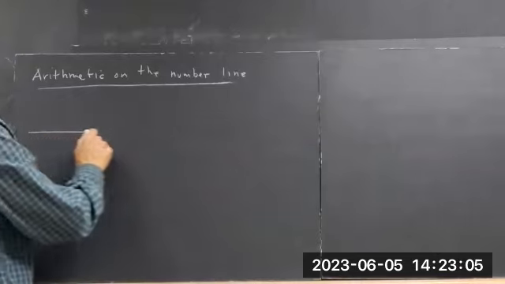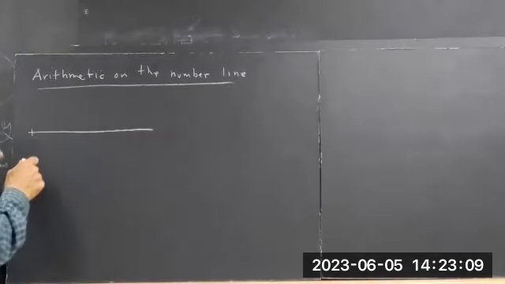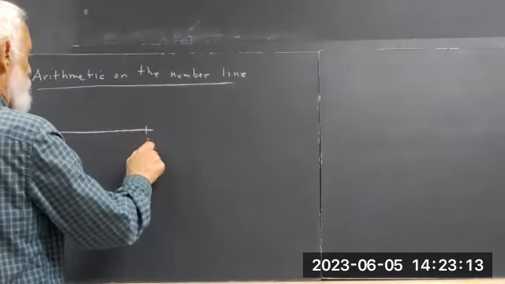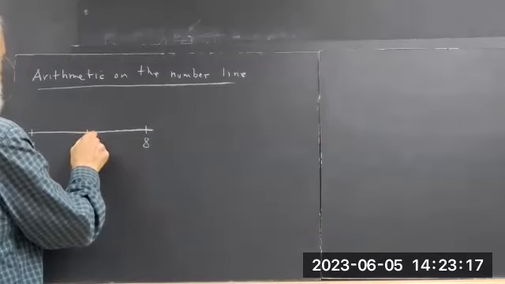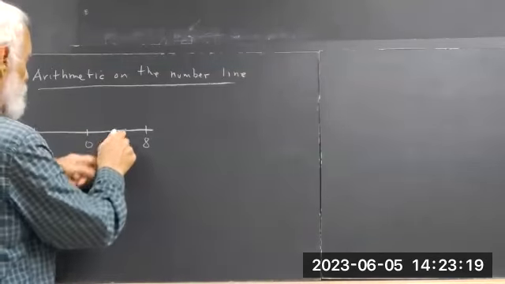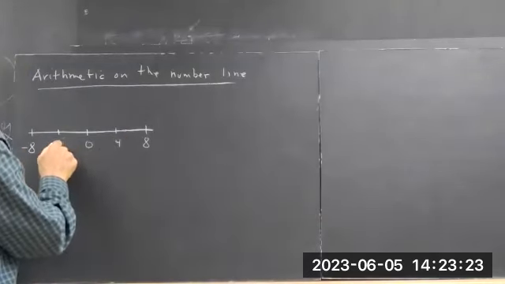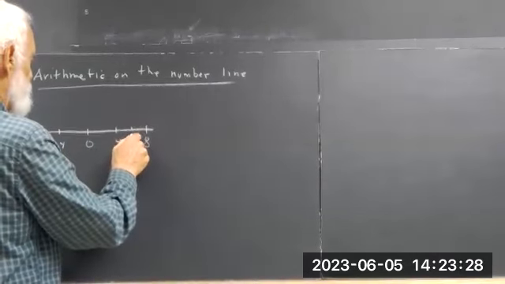Okay, so I'm going to create a number line here. And I'm going to take the number, well, let's say -8 here. Put 8 here. And then I'm going to divide that interval in half to get me 0. Divide this interval in half, tells me what 4 is. Divide this interval in half, tells me what -4 is. Divide this interval in half, and I get 6.